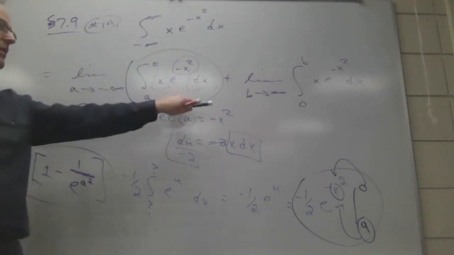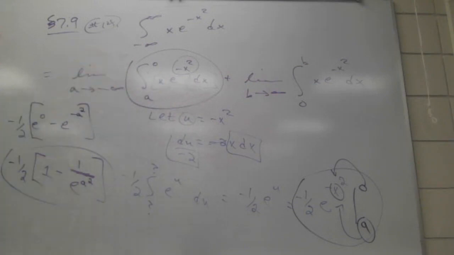And then what do I need to do now? I need to take the limit as a approaches negative infinity, right? So if I take the limit as a approaches negative infinity of this, what do I get? Well, the constant is a constant. So it's -1/2 times 1 minus, and then what happens here?